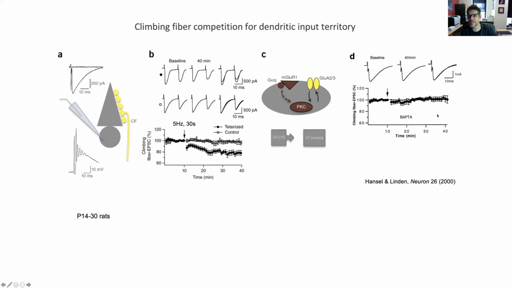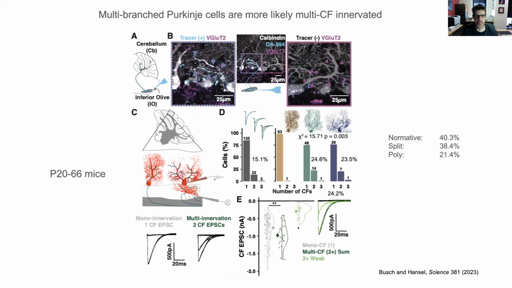We found it's calcium dependent when you use BAPTA, and that's not shown here, but we found it's mGlu1 dependent and PKC dependent, so pretty much similar to the parallel fiber LTD. So it's really a competitive calcium-dependent situation where LTD-like and LTP-like processes in these early developmental stages decide who's the winner and who's the loser here.